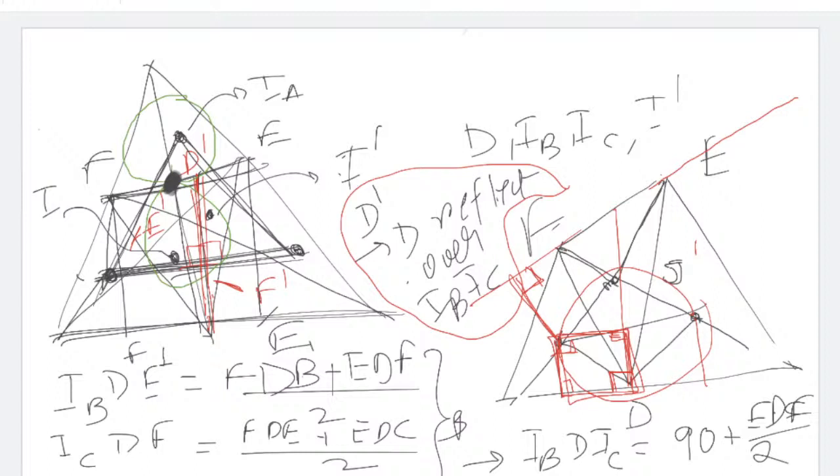Not sure if it's easier or harder. What do we do here? Hmm.